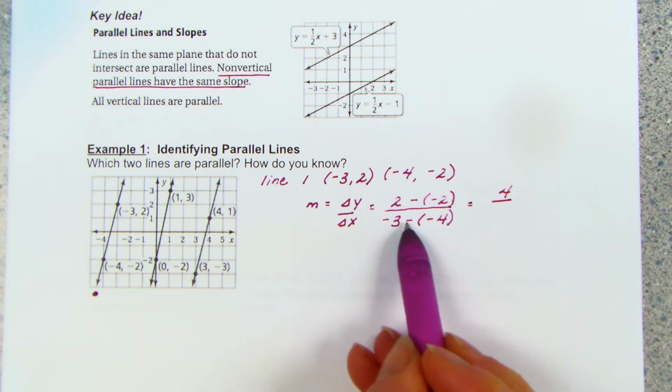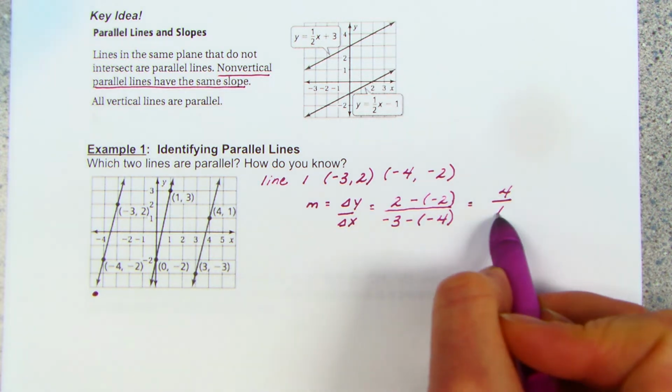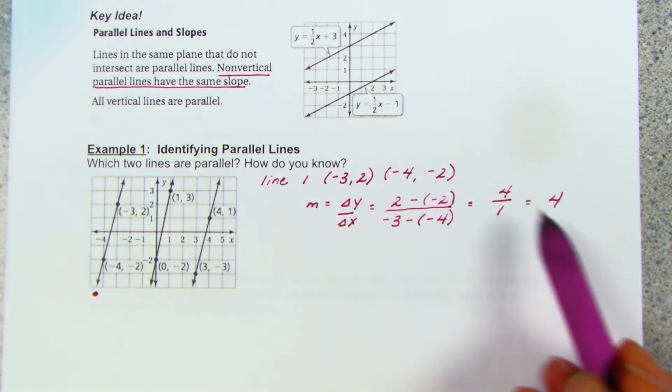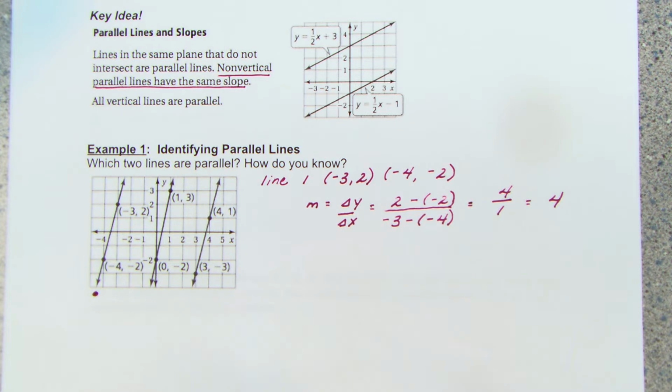And -3 minus -4 is the same as -3 plus 4, which is +1. So my slope, I believe, is +4, and that seems reasonable. It's going up, and it's going up pretty steeply.